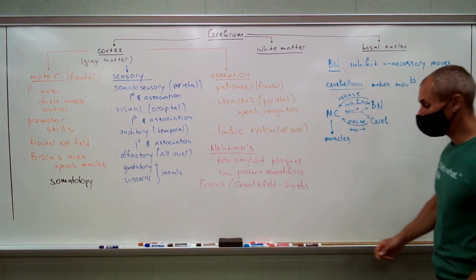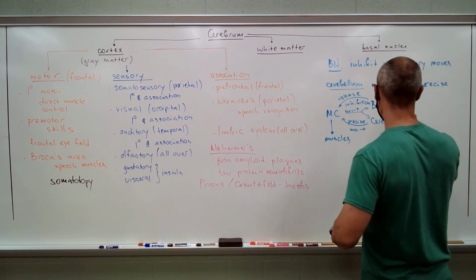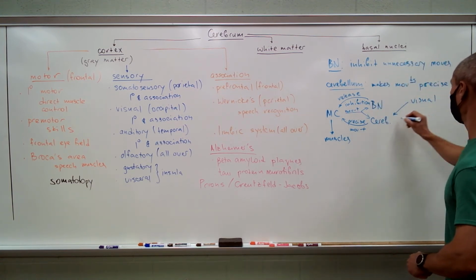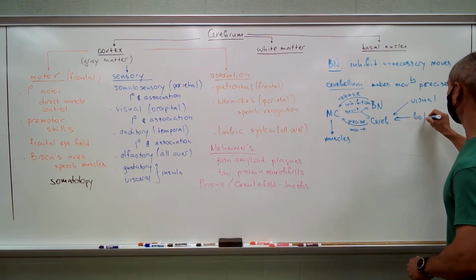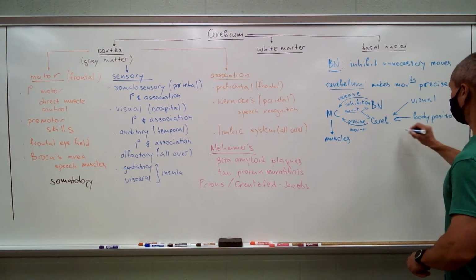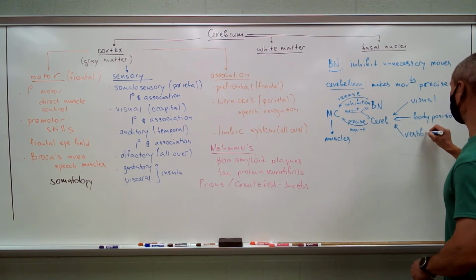So mostly cerebellum receives the following information: visual, body position, and vestibular apparatus, balance.